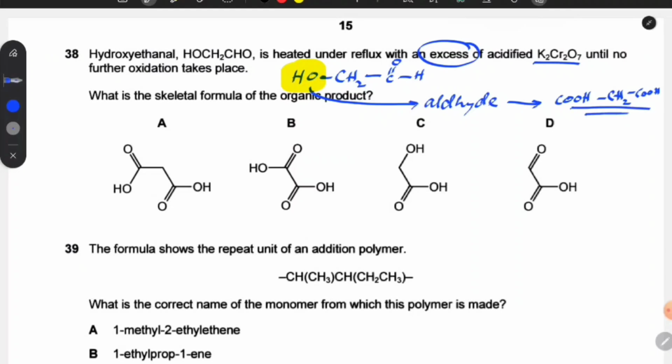So this is our product where the carbon is attached with 2 carboxylic acid. Now we need to identify the skeletal formula of our organic product, and that is this A, which clearly mentions that there is a CH2 group and these two COH groups are attached with this carbon. So this is our correct option.